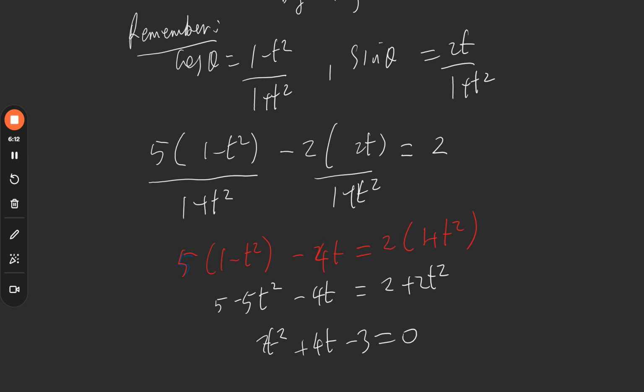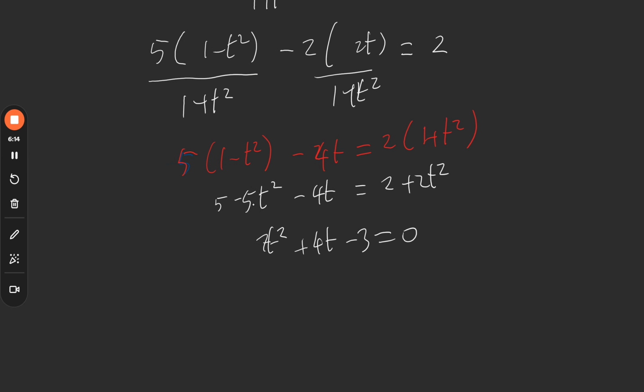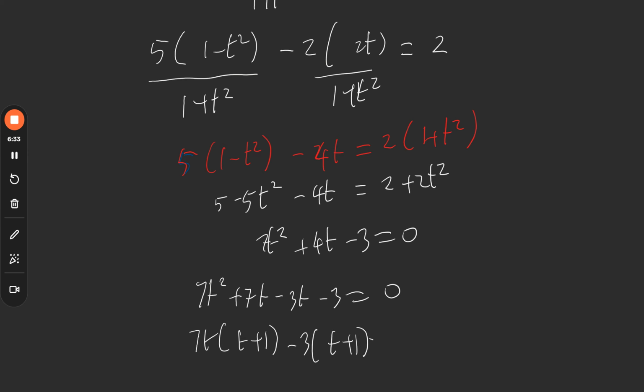So we are going to solve this quadratic equation. 7t square plus 7t minus 3t minus 3, get it, that is splitting the middle term. So 7t times t plus 1 minus 3 times t plus 1 equals 0.